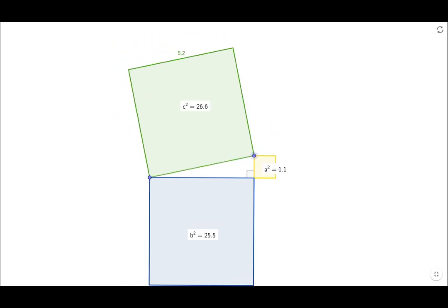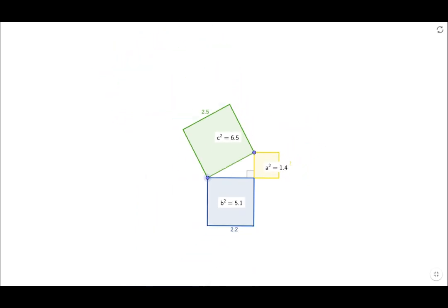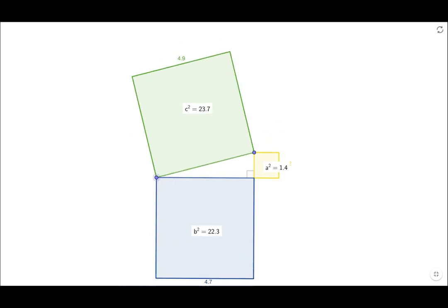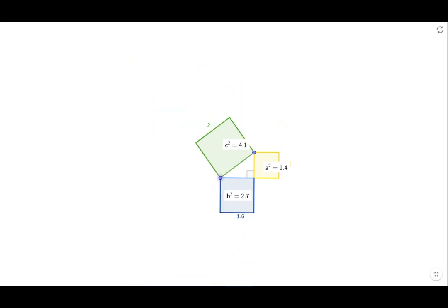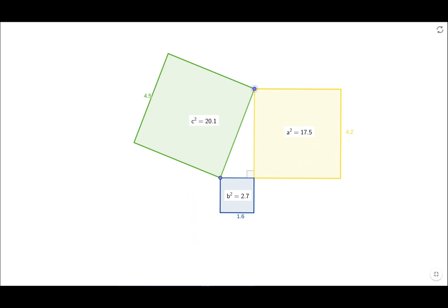And what we'll notice is, regardless of which size I choose, those two small ones will always add to the large one. So here we have 22.3 for the medium, 1.4 for the small. Add those together and we get 23.7, matching that large square there. So it's true, a squared plus b squared does indeed equal c squared.